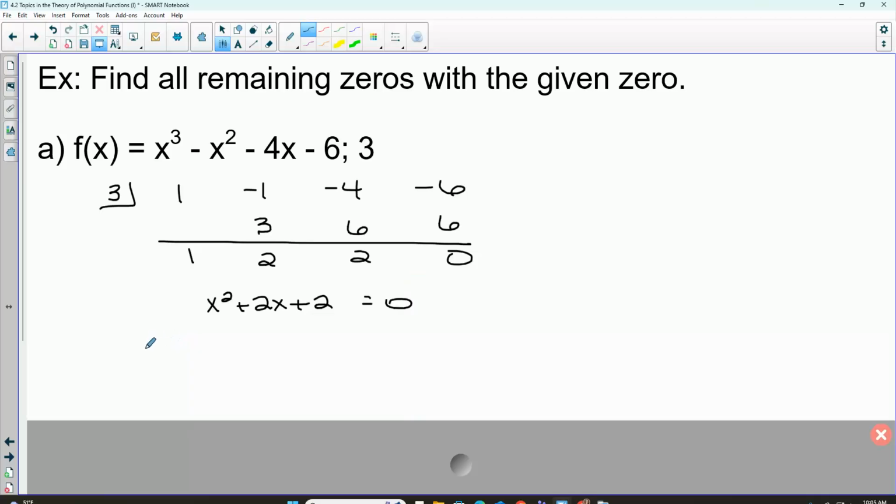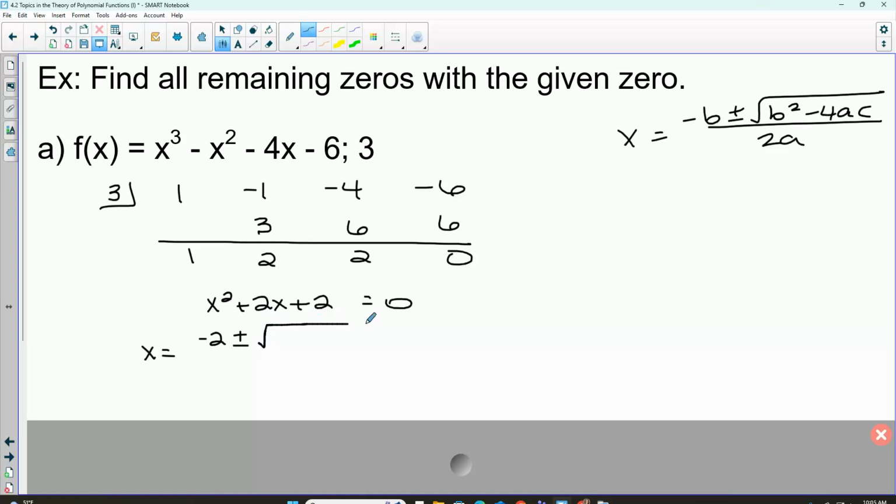Quadratic formula. The opposite of b plus or minus square root b squared minus 4ac all over 2a. So I get negative 4.